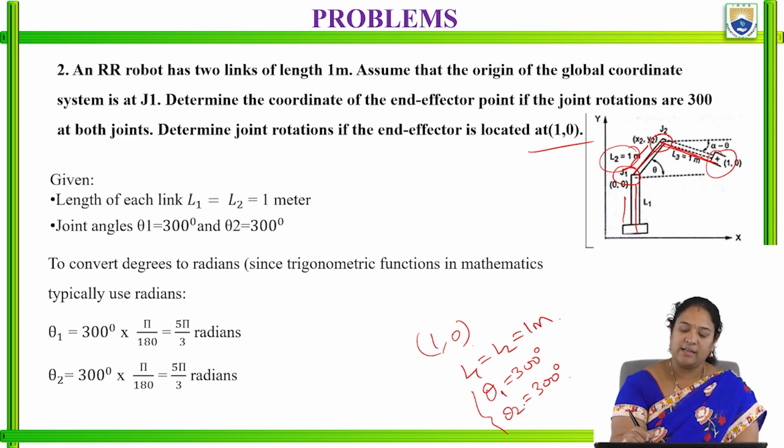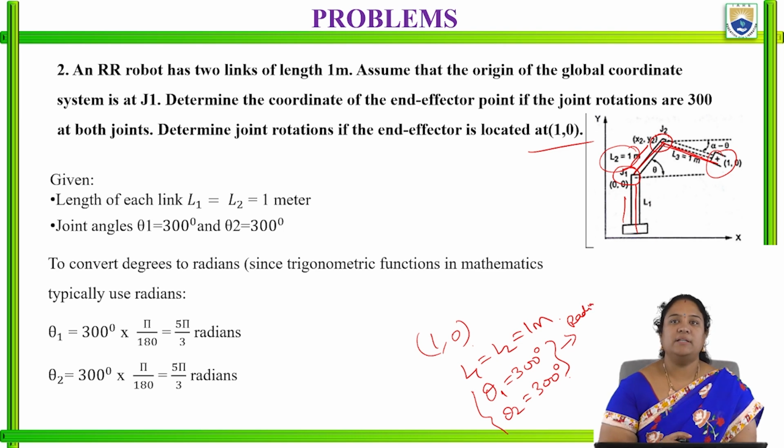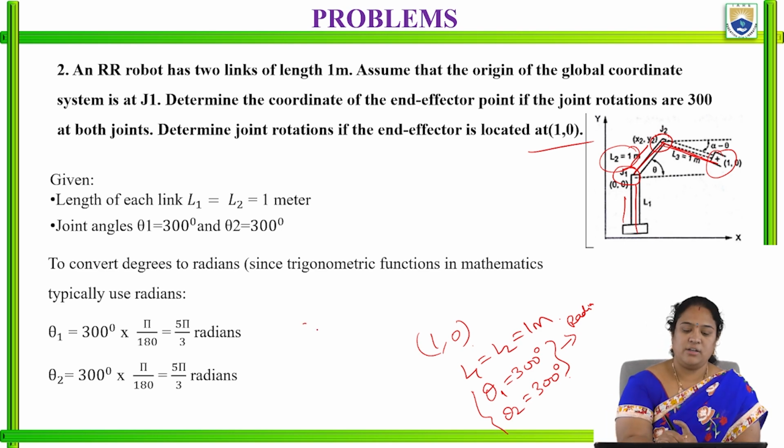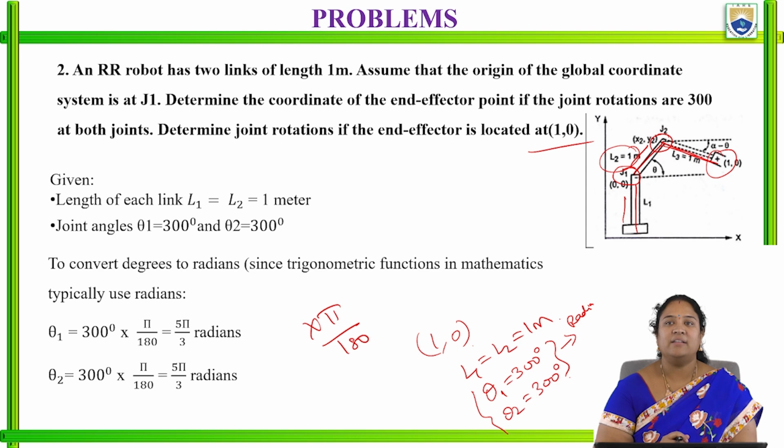Now these particular angles we need to convert into radians. How will we convert them into radians? We multiply by pi by 180. When we multiply the given angle by pi by 180, we can convert it into radians.